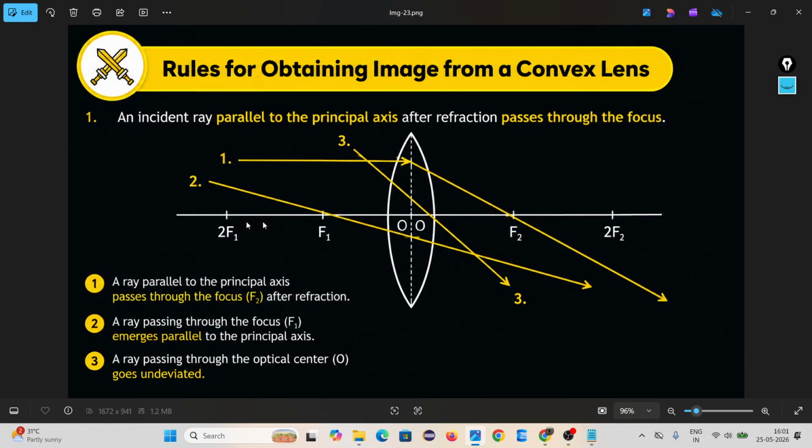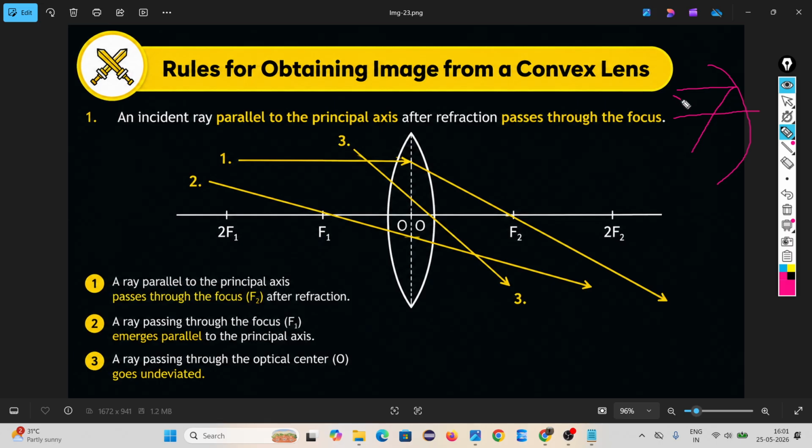Based on this, we have to learn the rules. You remember the rules of a concave mirror for image creation? Suppose this is a concave mirror. If the light comes parallel to the principal axis, it will meet at the focus. If the light comes through the focus, it goes parallel to the principal axis.